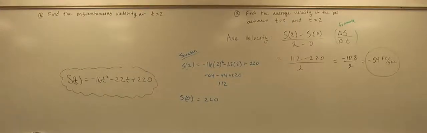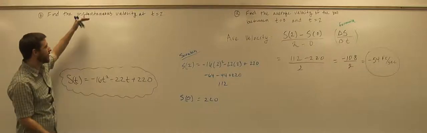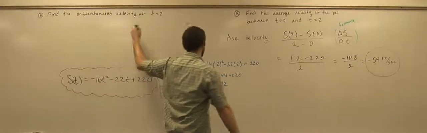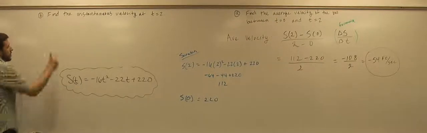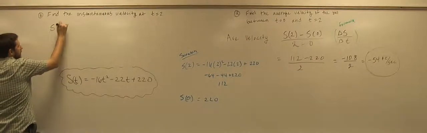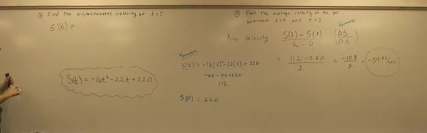So instantaneous translates to derivative. So in order to find the instantaneous velocity, I'm going to have to first take the derivative of this function. So I'm going to take s prime of t, which is equal to, well, we got to do the work here.